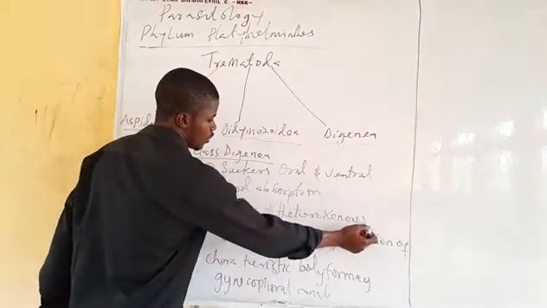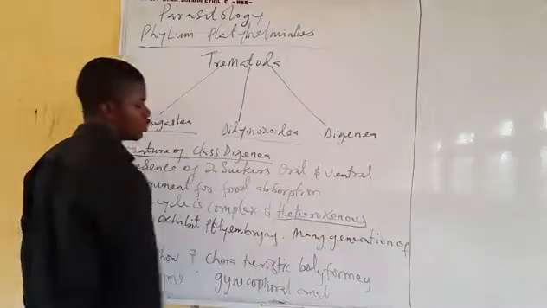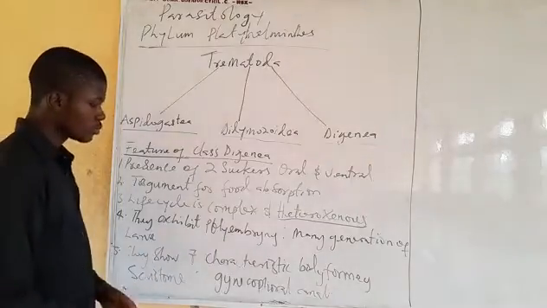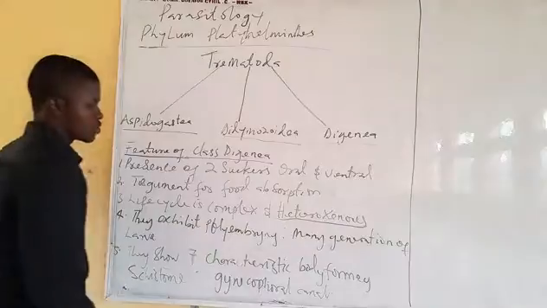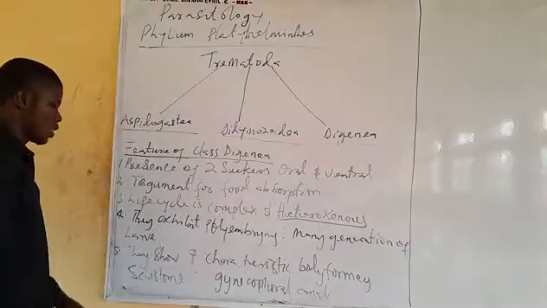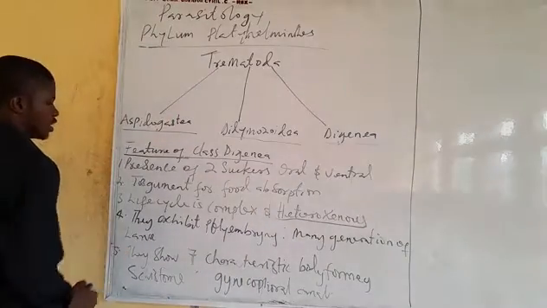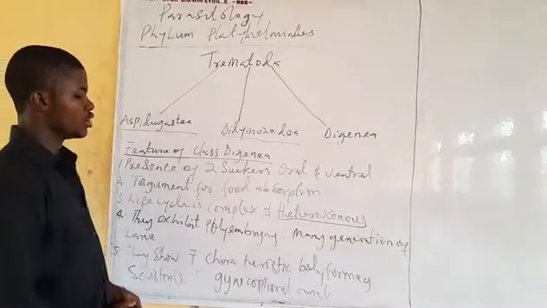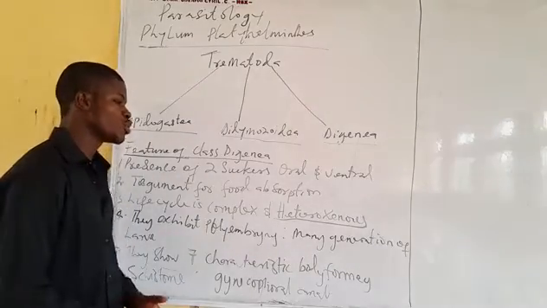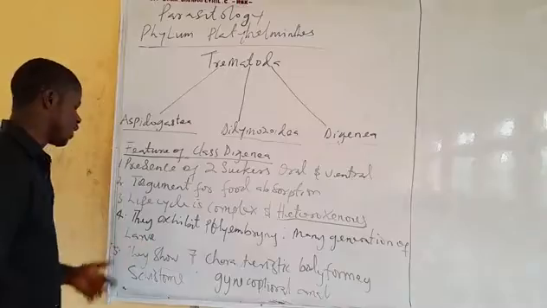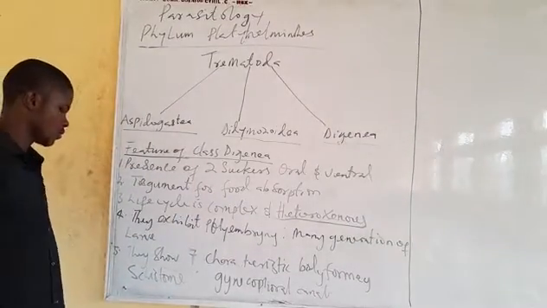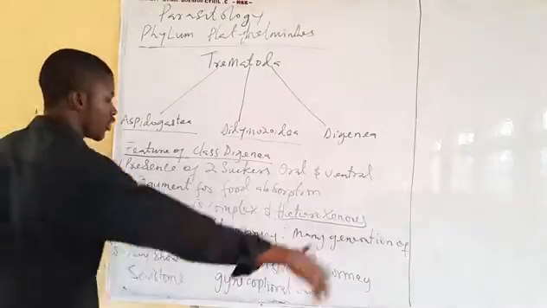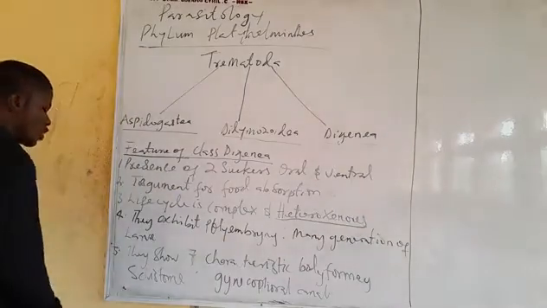In case you don't know the meaning of heterogeneous, we go to our video where we treated the development of parasites. Number 4, they exhibit polyembryony, meaning that they produce many generations of larvae in a single life cycle.